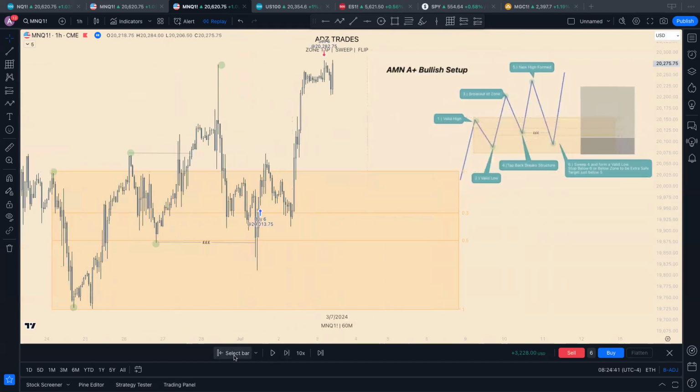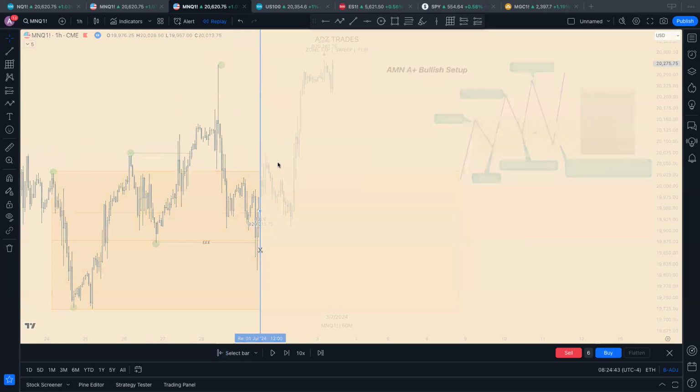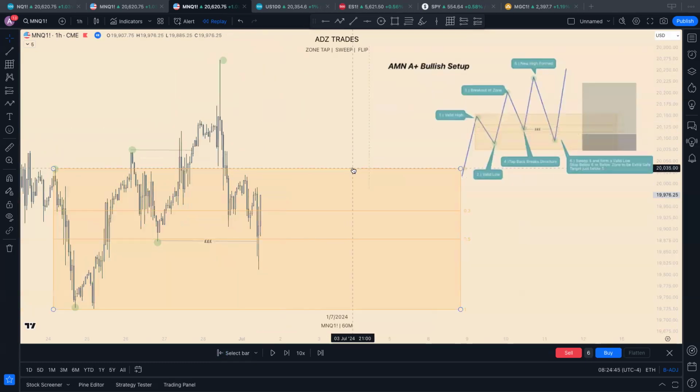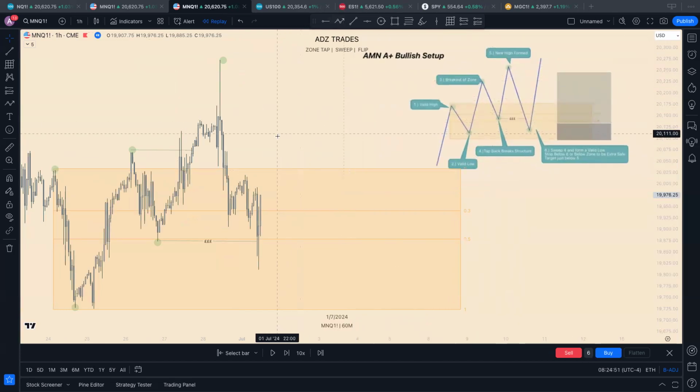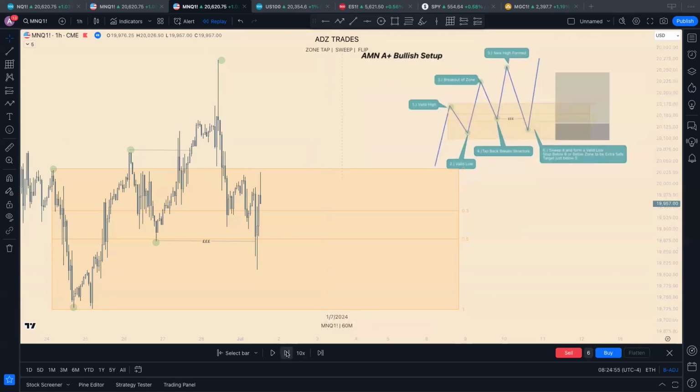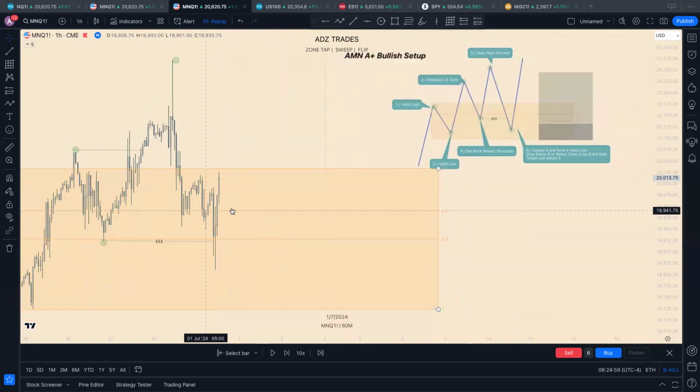So once you get the valid low confirmation, the best way I would do that is if your valid low is put in a bit high. For example, once we get that confirmation on the hourly time frame, that confirmation happens here. And this might be a bit high for you.